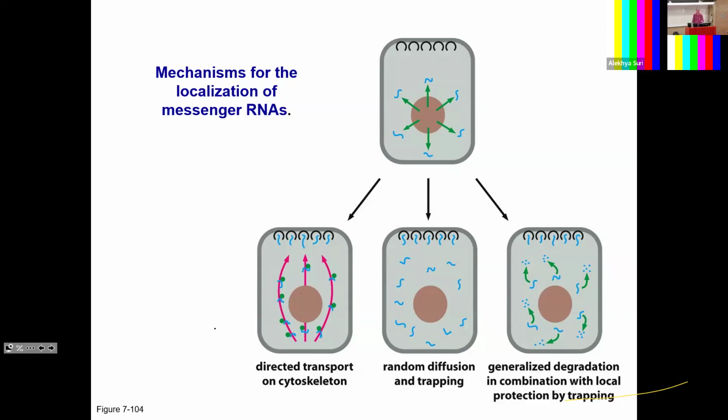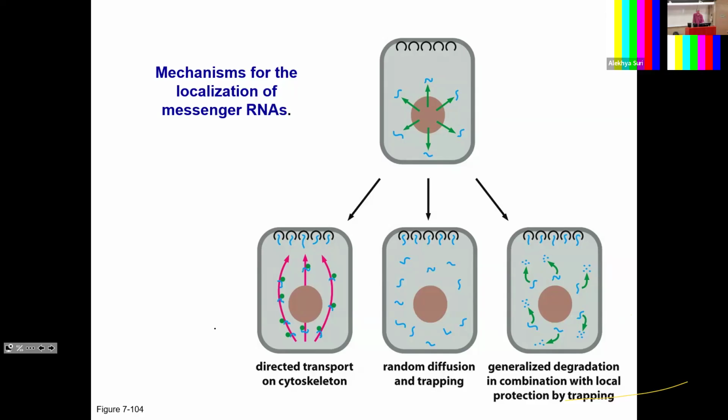Some cells, like epithelial cells, have two sides, locations where one side is different from the other. So RNA would go to one side, but not to the other side of the cell.